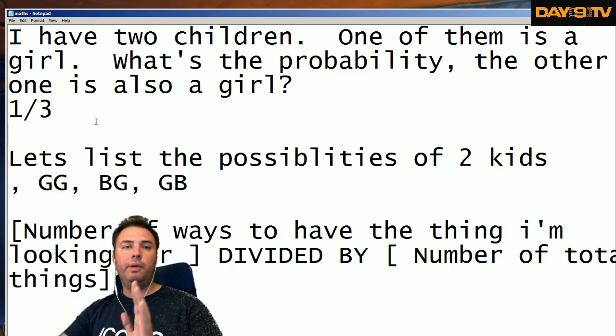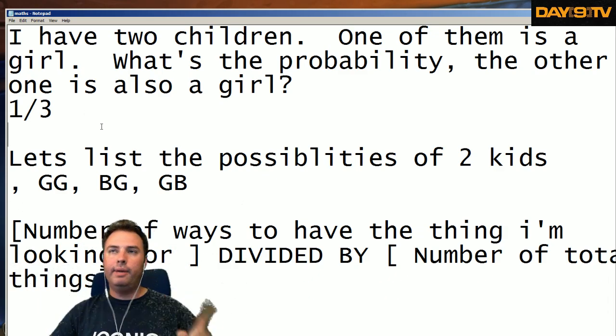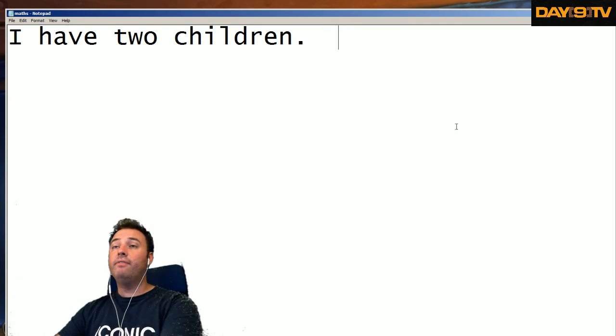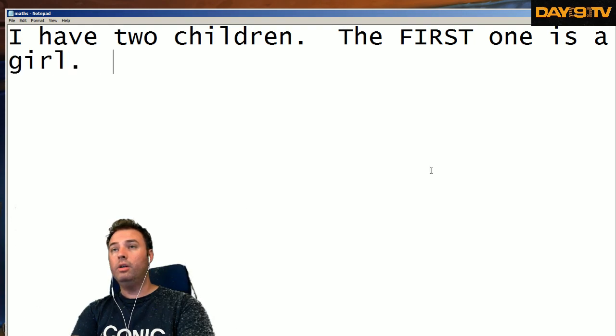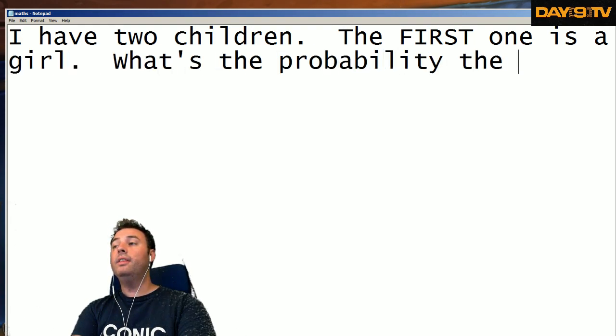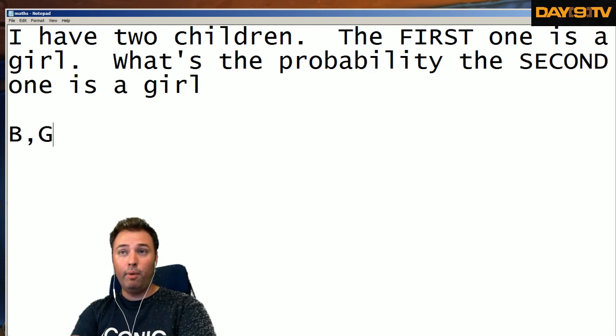This ruins people's brains, because they'll say things like, no, it's a trick question because you're leaving information out. See, if I said I have two children, the first one is a girl, what's the probability the second one is a girl? Well, it's 50%, because there's two ways to have a second kid, boy and girl.